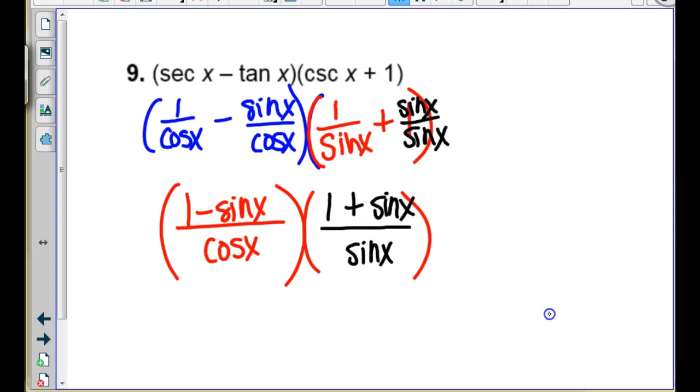Anybody know why that helps at all? No. Nope. Got addition and subtraction. We can't. But I can multiply these together. How does that FOIL together? 1 minus sine times 1 plus sine.